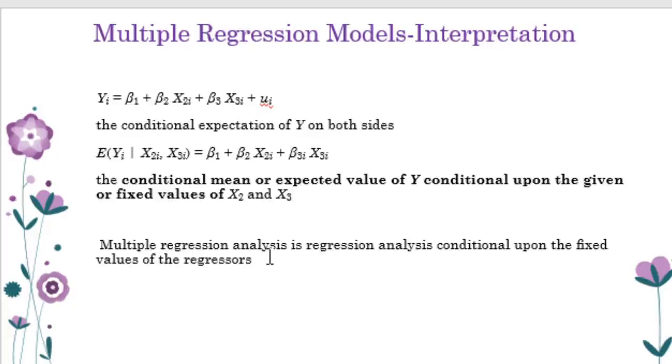Multiple regression analysis is the regression analysis conditional upon the fixed values of the regressors. These x2i, x3i, etc. will be fixed, or simply, multiple regression analysis is the regression analysis conditional upon the fixed values of the regressors.